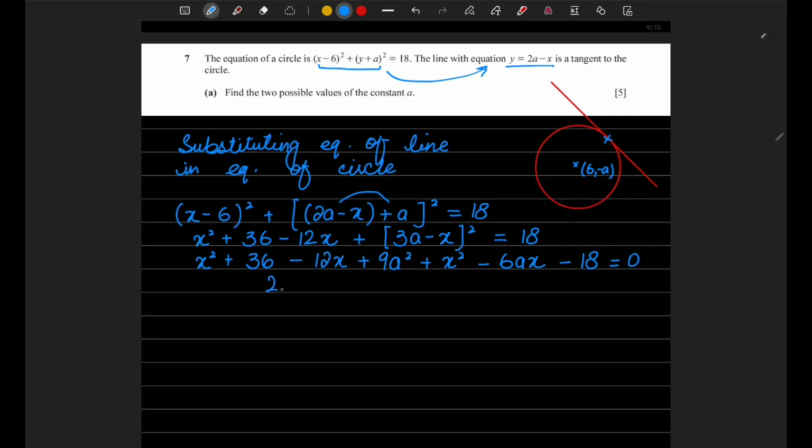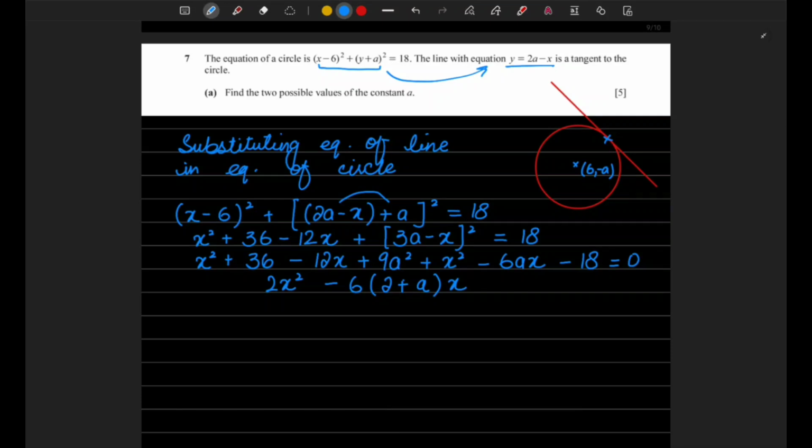So this will give you 2x squared, then minus 6 times (2 plus a) x.